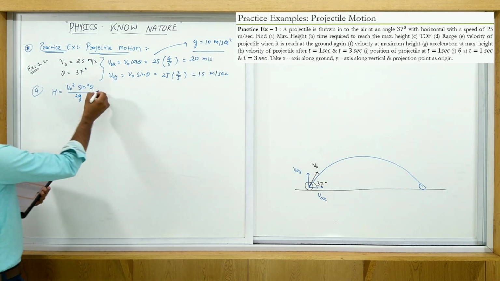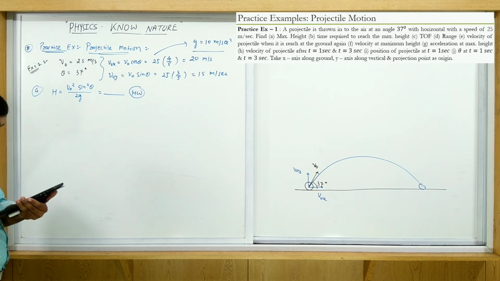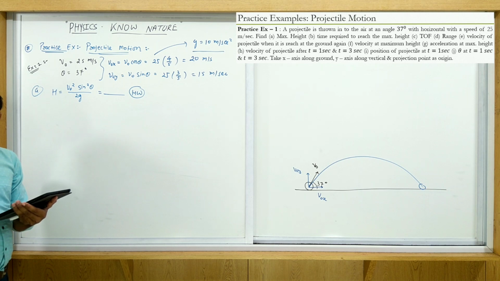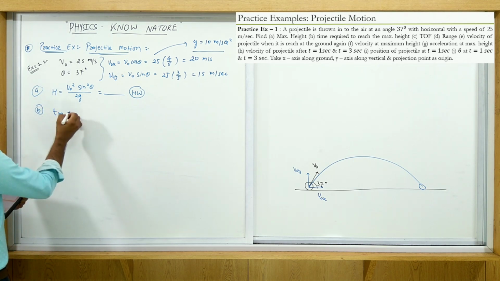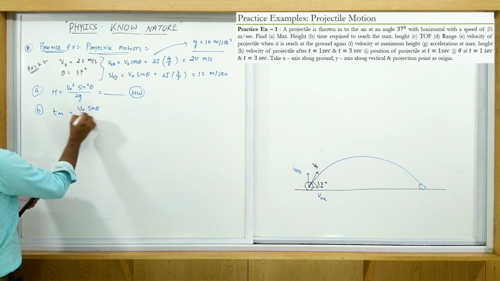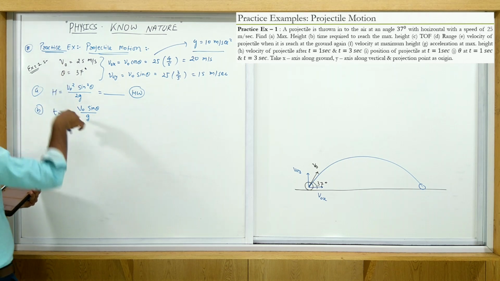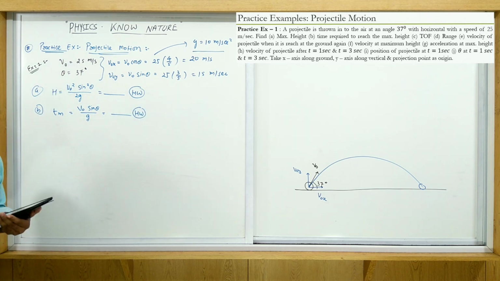Then put all the values and you get the answer. This calculation is homework. Second one, b, time required to reach the maximum height. Use this equation directly: v0 sin theta upon g. Put the values here and get the answer. Again it is homework.